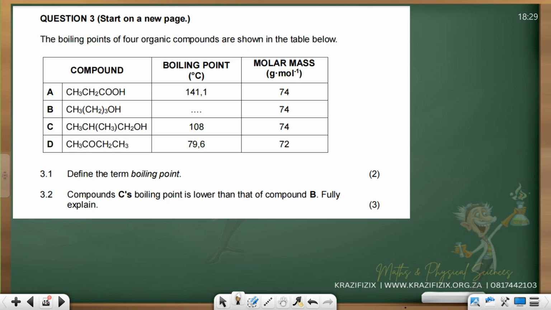You get it wrong, you get one slap. Let's start now. The temperature. No. The temperature at which what? I won't be spot on. You're waiting for my definition list.